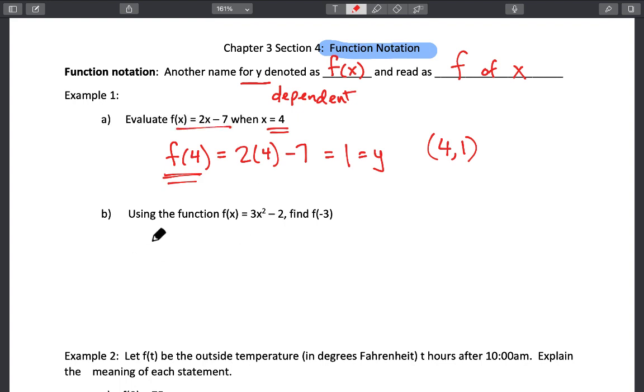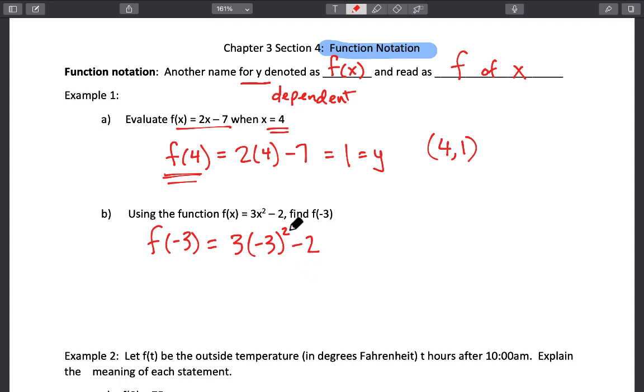All right, in 1b it says use the function f of x equals 3 times x squared minus 2 to find f of negative 3. So in other words, find out what the output or the dependent variable is when the input or the independent variable is equal to negative 3. So we're going to write this as 3 times negative 3 squared minus 2.